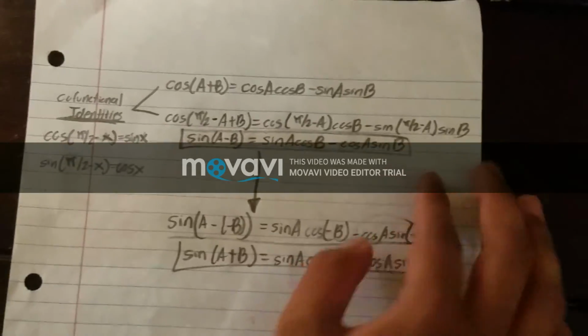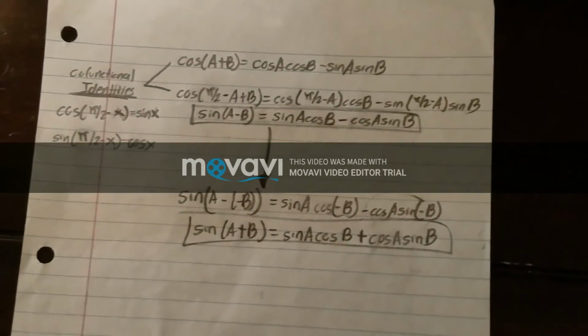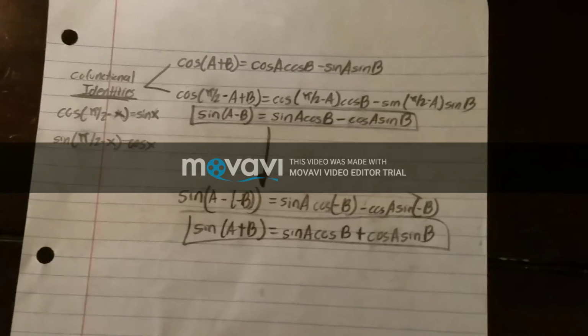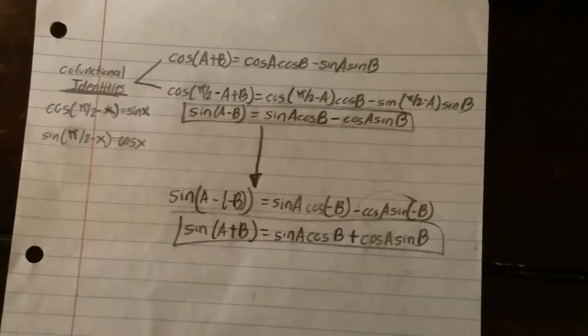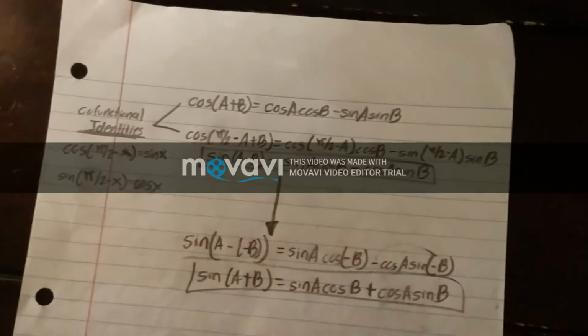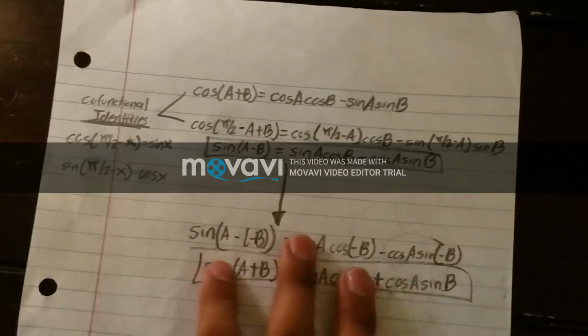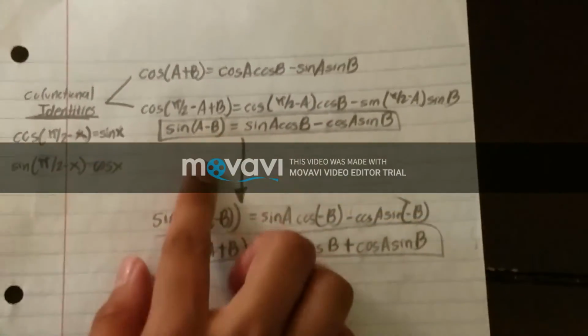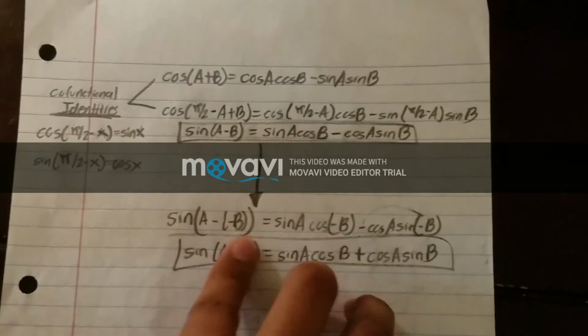So we have the third trigonometric identity, and just like last time with cosine, it gets converted, plus to minus, so-and-so. Right here, we have minus, so we're going to convert it like last time into plus.